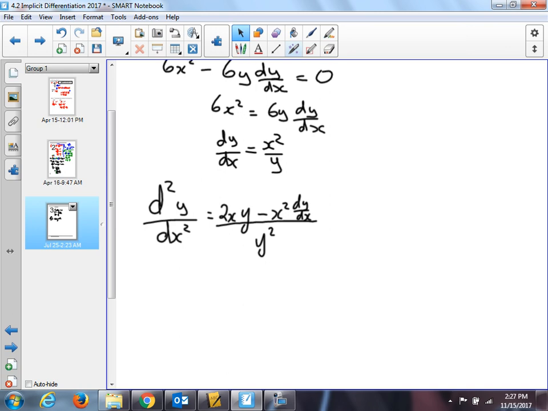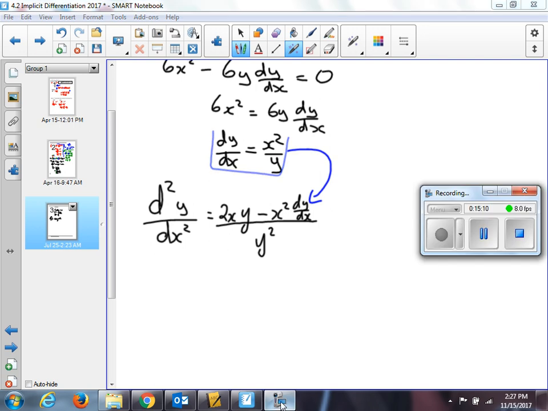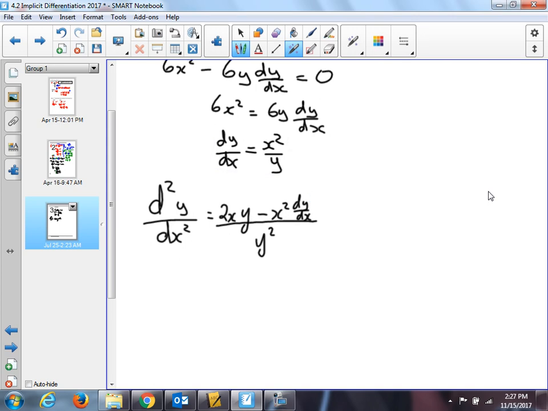Okay, square the bottom. So you know what you are. Do we have this solved? We shouldn't have a derivative inside the derivative. We can, but we actually have this solved. We can sub this in. Do you guys follow that? Just checking. Okay.